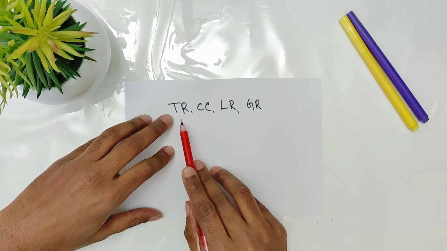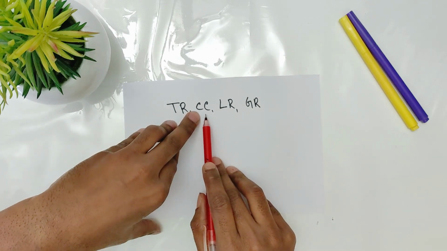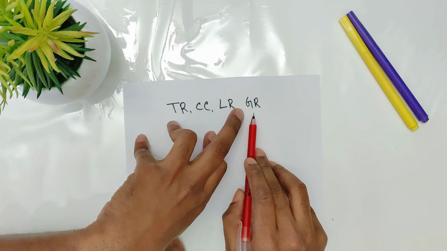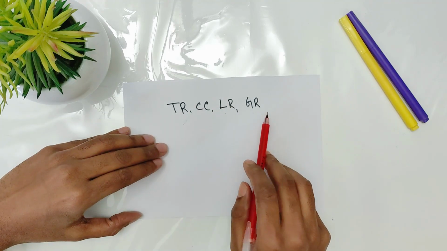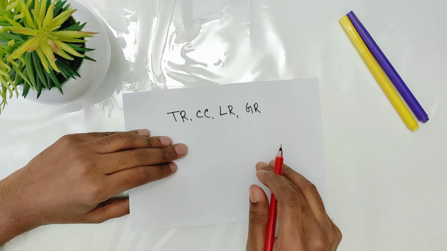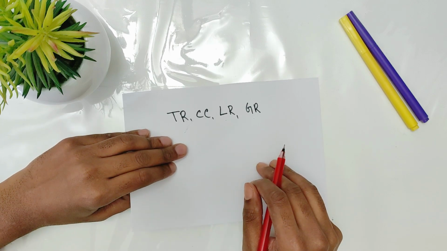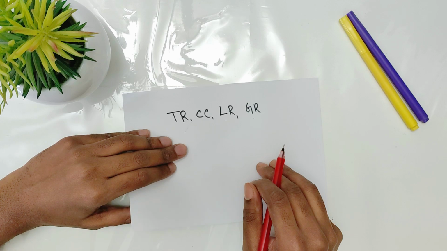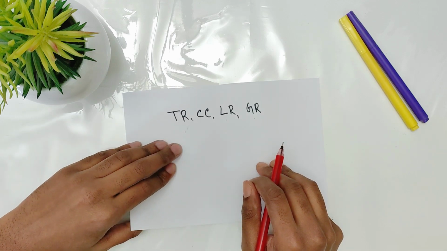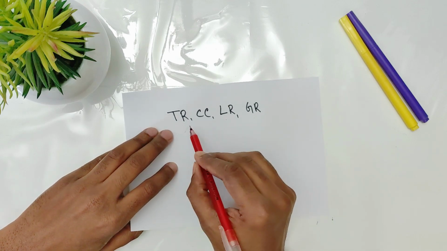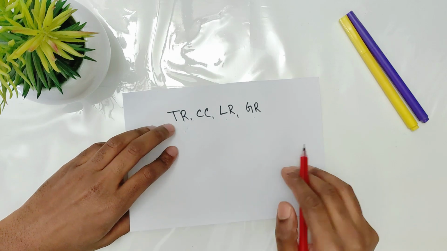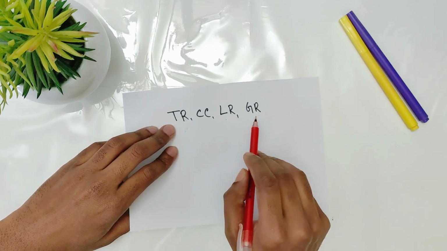Right, next we have TR, CC, LR, and GR. TR stands for task response, CC for coherence and cohesion, LR for lexical resource, and GR for grammatical range and accuracy. On the day of the test in the hall, you will be given a piece of paper. Even if you are taking the computer-based IELTS test, you will be provided with a piece of paper. So what you should do is write these 4 abbreviations on the piece of paper: TR, CC, LR, and GR.